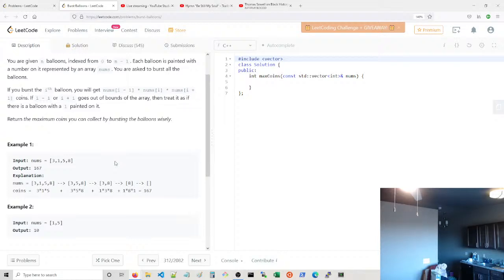The reason is that you want to get the largest multiple when you pop the balloon, so you want something greater than or equal to a 1, and that's not going to happen if it's on the left side or the right side. So you want to do those two balloons last. You always want to do the internal balloons first.